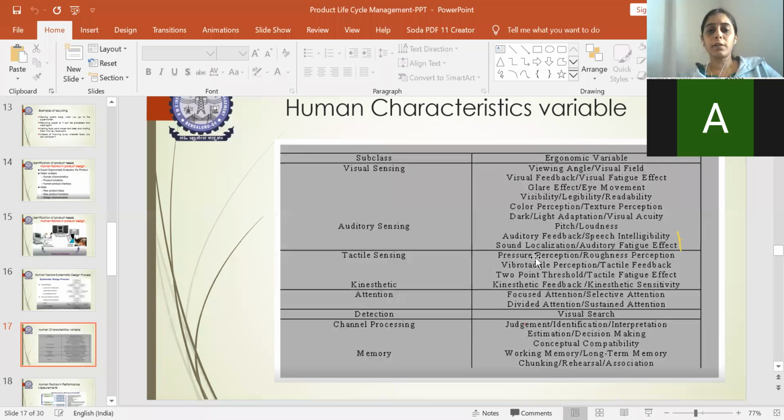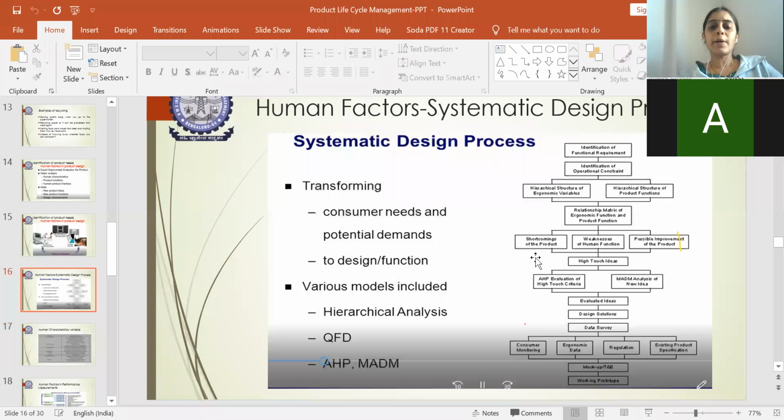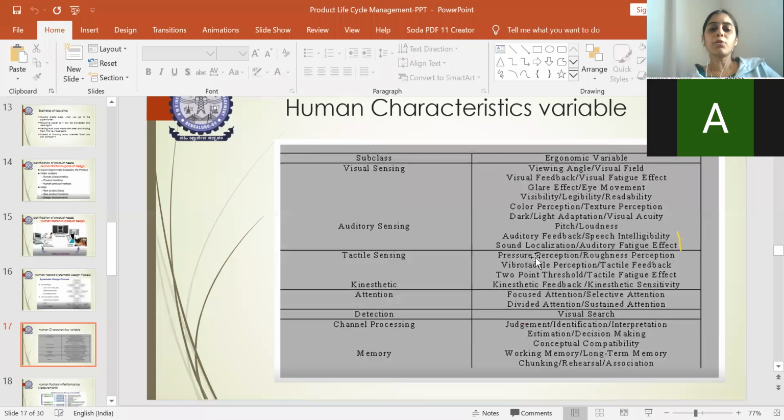And sub classification of the human characteristics is given depending upon the systematic design process. Okay, so here it is like visual sensing, auditory sensing, tactile sensing, attention given, detection, channel processing, memory concept. If you're designing a product which has to store more memory, what is the capability of the disk you are using as a storage device?